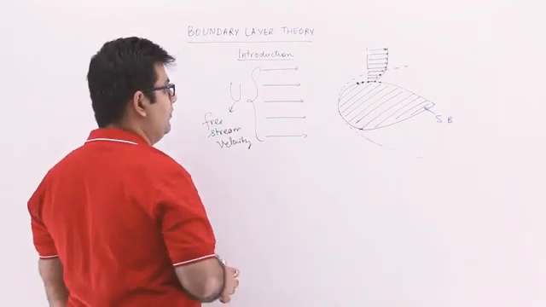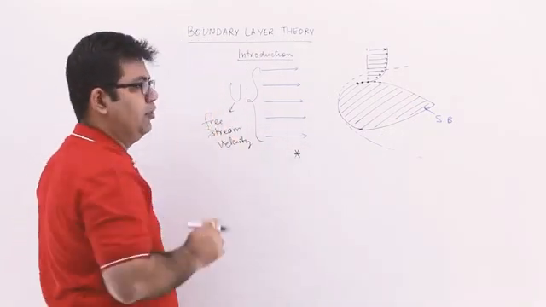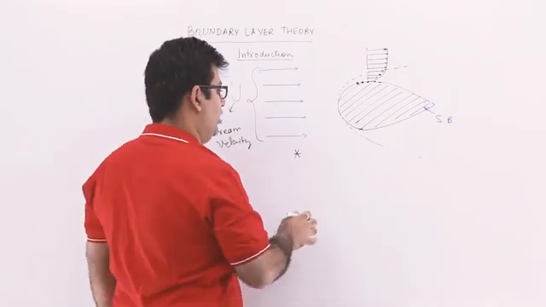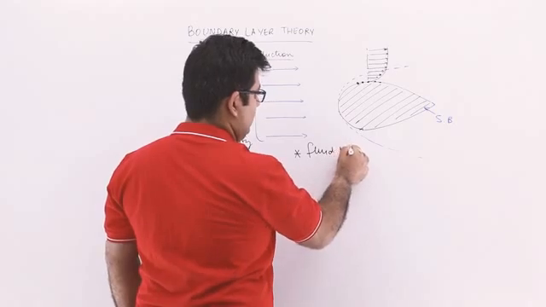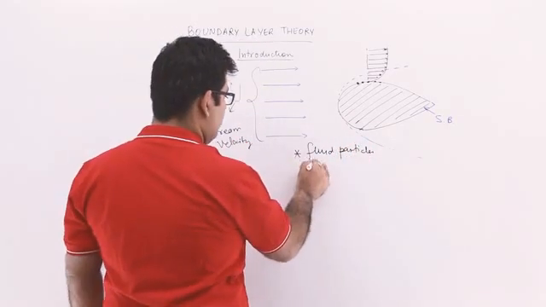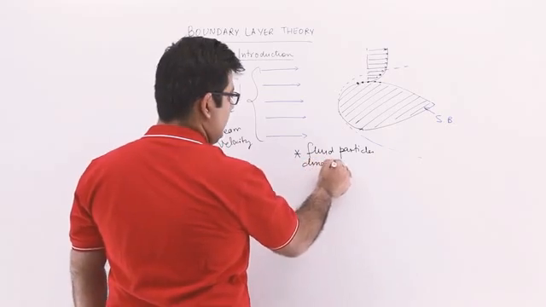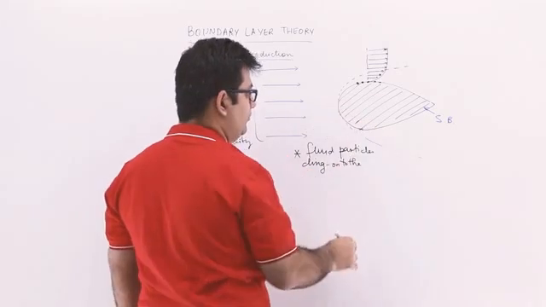So we can make a generalization out of this, that as a real fluid flows over a solid body, fluid particles cling on to the surface of the body.